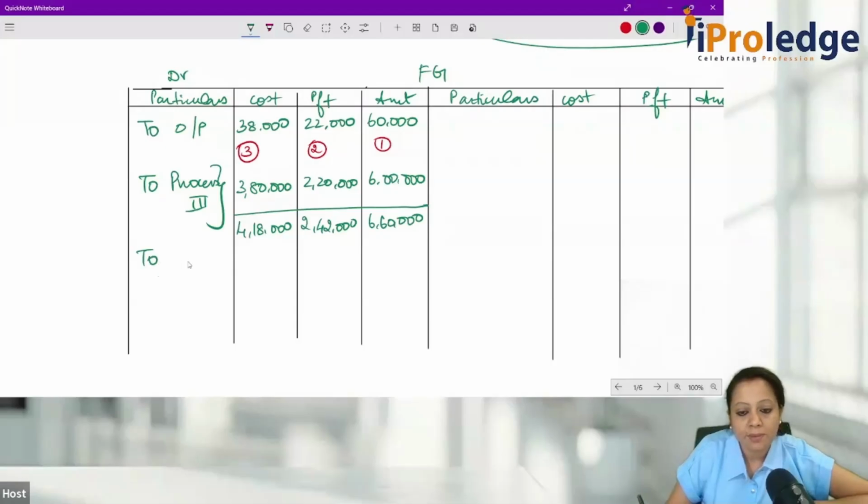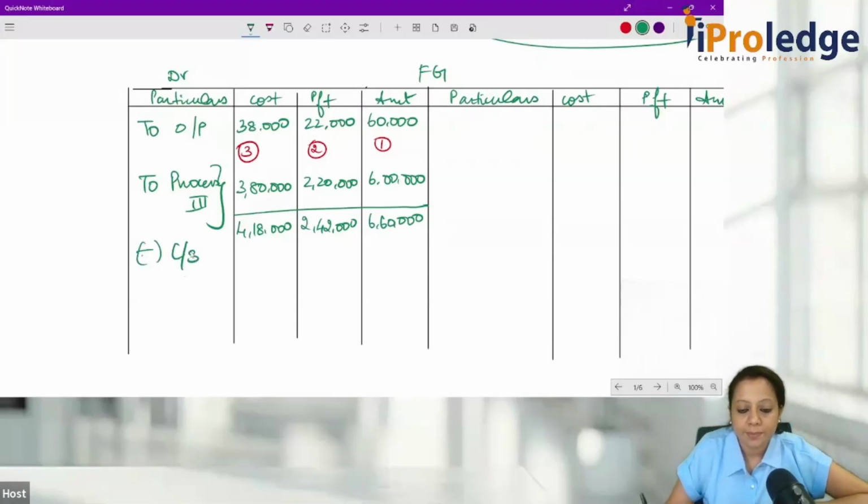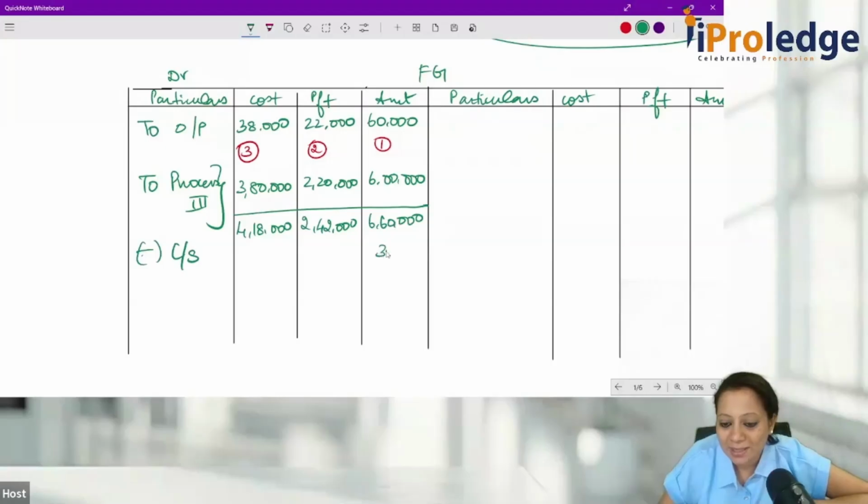Okay. Then what are we supposed to do? It is going to be minus closing. So the closing given in the question is going to be what? 30,000. Right. So 30,000. Now we will do a working note for the profit.